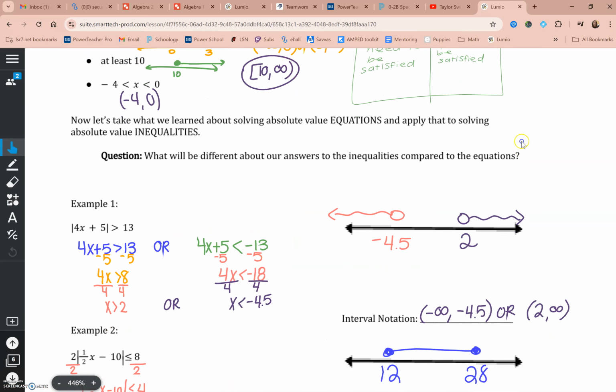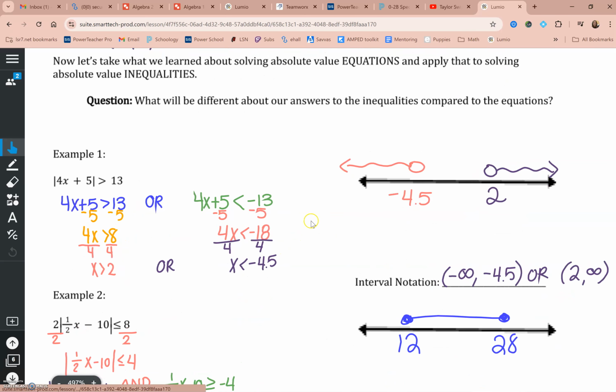So we're going to look at an example that we did together in class. And this first one, the absolute value bars are already by themselves. Since they're already by themselves, we can figure out if it's an and or an or. Since it's greater than, it becomes an or. So we have two options. The first one, we're going to drop the absolute value bars.